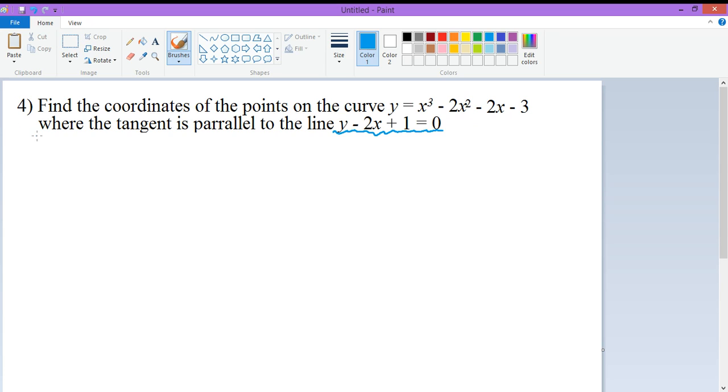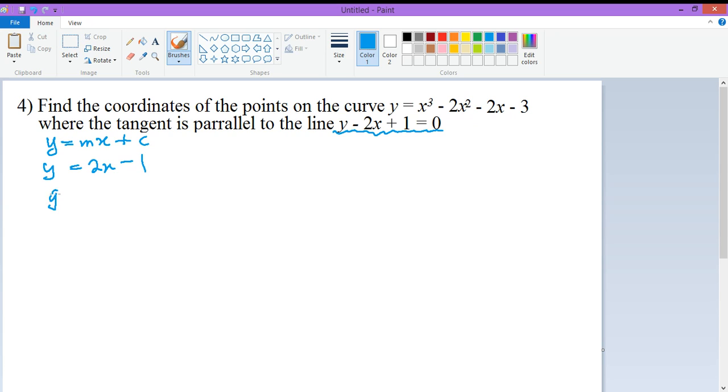We have to rearrange this equation into the form y is equal to mx plus c, so that we can obtain the gradient. The gradient is always the coefficient of x when you have arranged it in this form. So arranging that equation becomes y is equal to positive 2x minus 1.